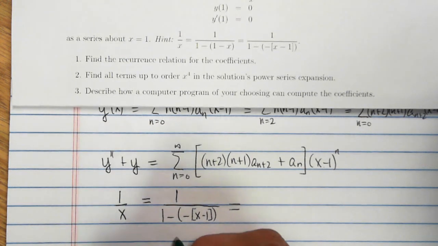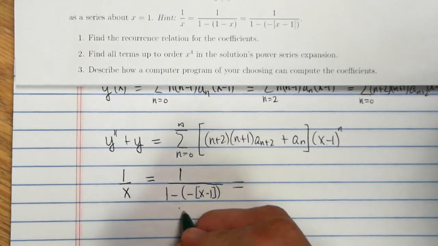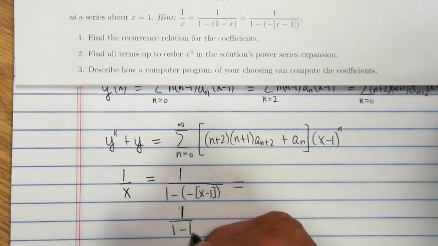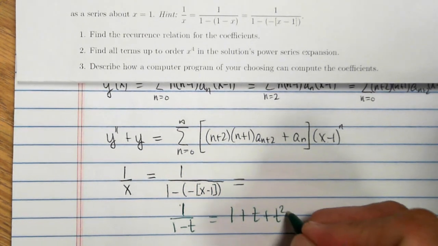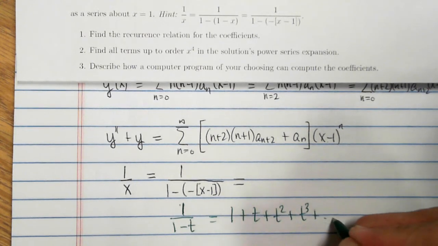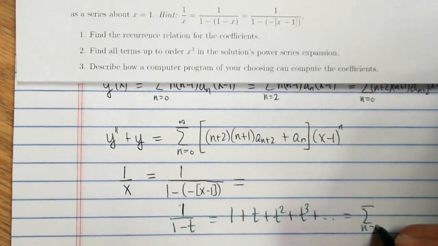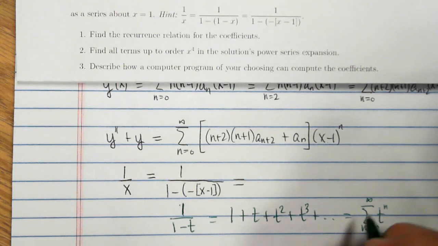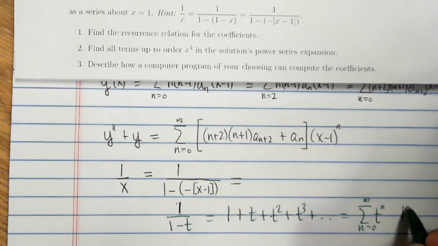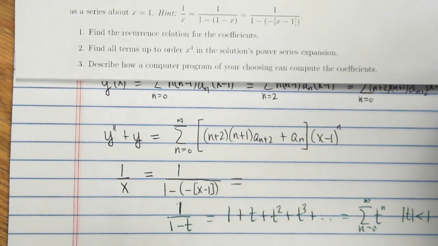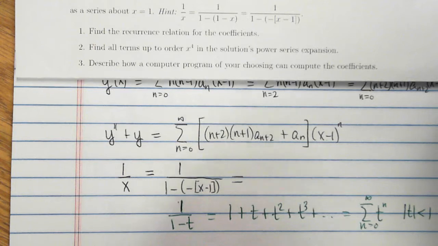The reason I do this is because we have the standard expansion that 1 over 1 minus t is equal to 1 plus t plus t squared plus t cubed, or summation n equals 0 to infinity t to the n. And this works as long as absolute value of t is less than 1. So, by the exact same logic, everywhere I see a t, I'll replace by negative quantity x minus 1.